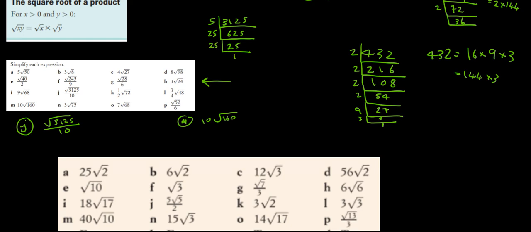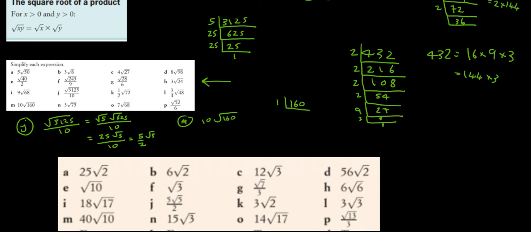Just gives 1. So 25 multiplied by 25 is 625. So we can rewrite this as the root of 5 multiplied by 625 all over 10. Okay, so this is just 25 root 5 over 10. We can divide numerator and denominator by 5 to get 5 root 5 over 2.